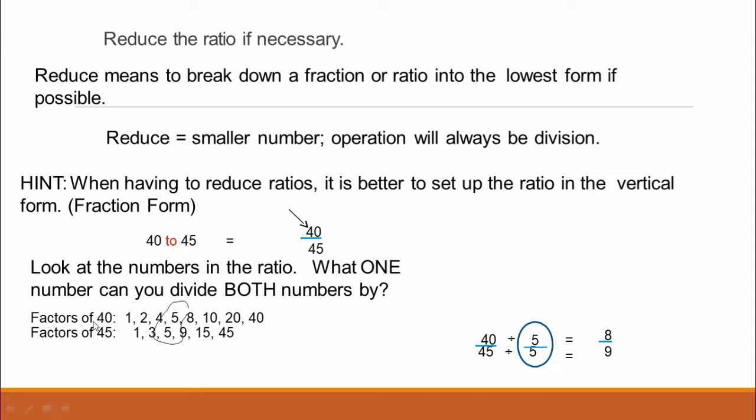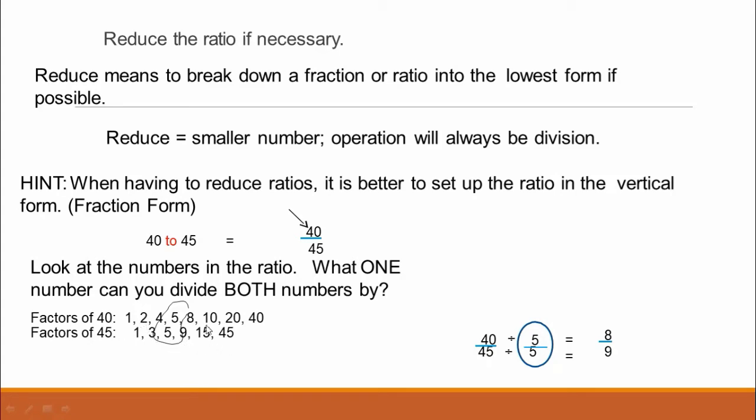First of all, find the factors of 40. The factors of 40 are 1, 2, 4, 5, 8, 10, 20 and 40. And similarly, the factors of 45 are 1, 3, 5, 9, 15 and 45.